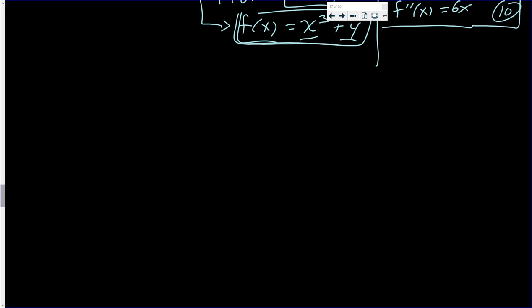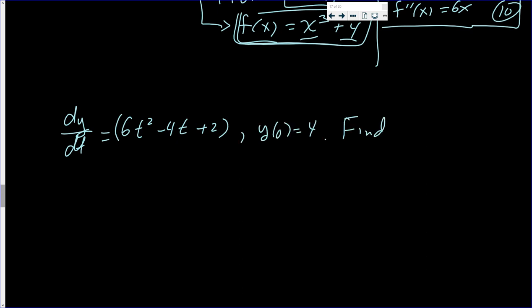Suppose you come to know that dy/dt is equal to 6t squared minus 4t plus 2. And they tell you that y of 0 is 4, and to find f of t.